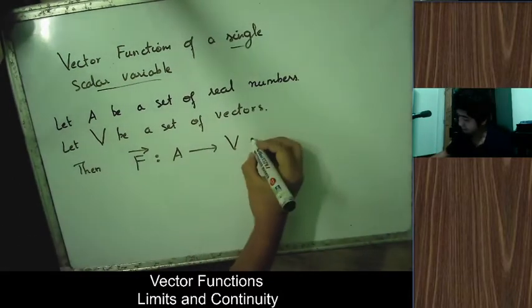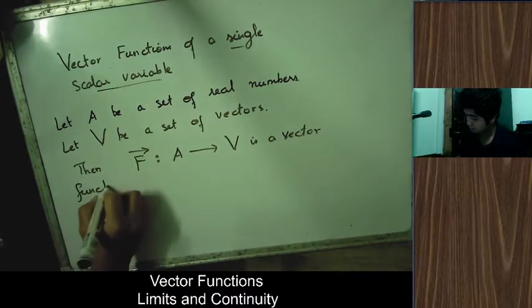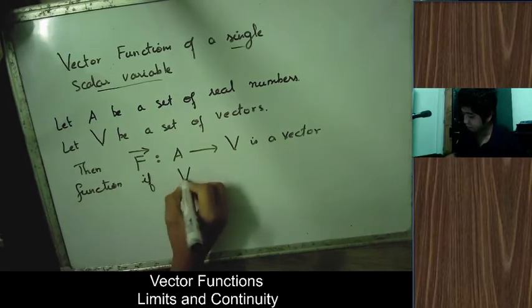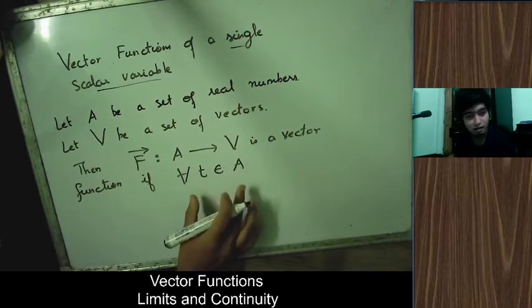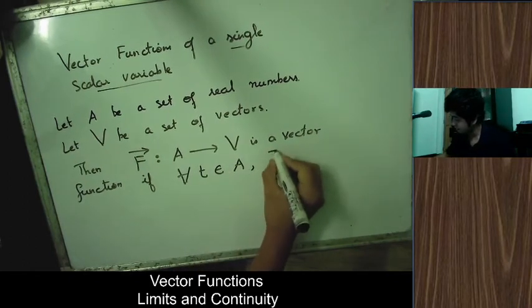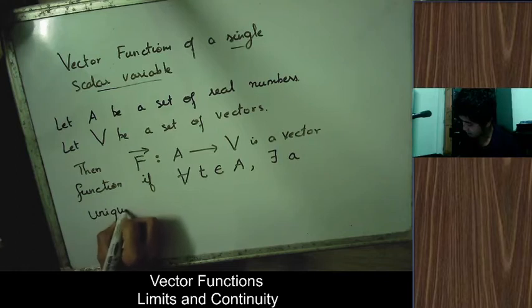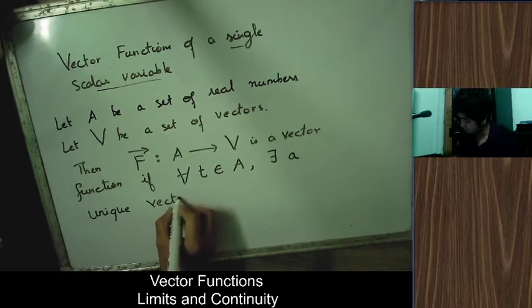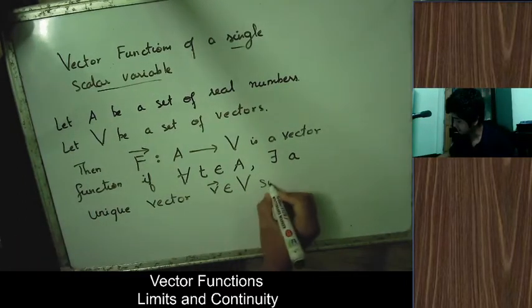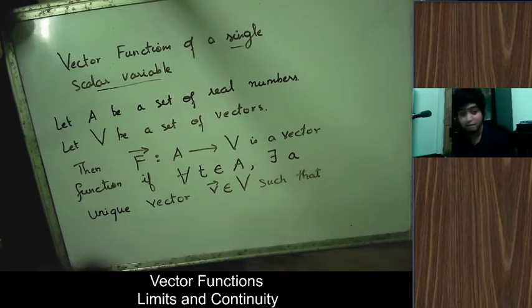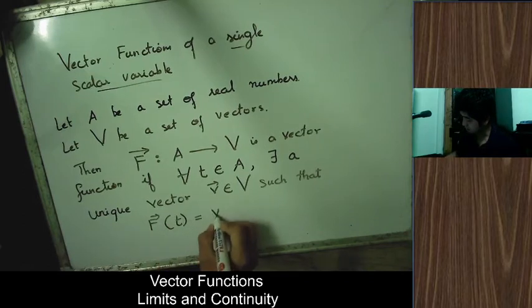So f is a vector function if for all t belonging to A, there exists a unique vector v belonging to capital V such that f bar of t equals v bar.